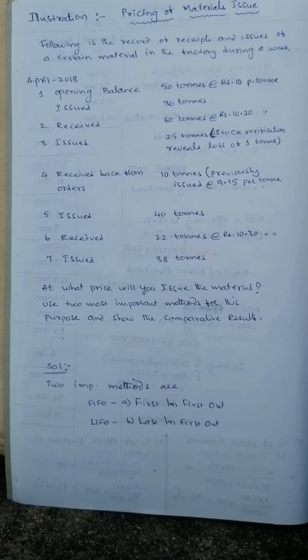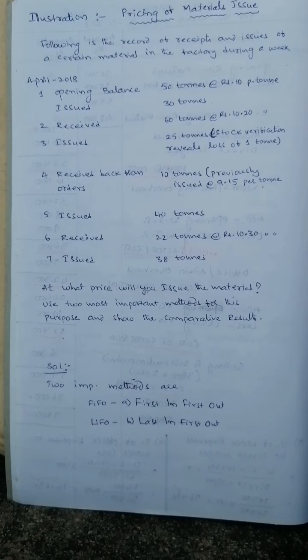So the end result of preparation of FIFO method and LIFO method is to find out the closing balance of material in the stock. And while preparing the stores ledger, we will be able to find out even the amount.